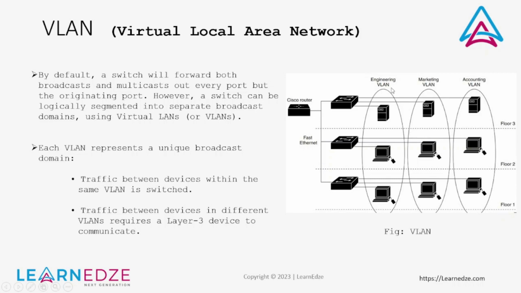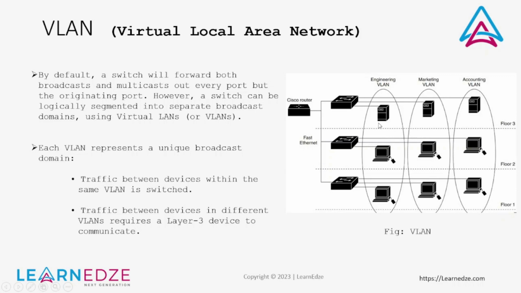If we create three different VLANs and assign them to the ports, we can achieve this different department accessibility. Logically, we divide the ports of the switch so that specific ports are assigned to a particular department.